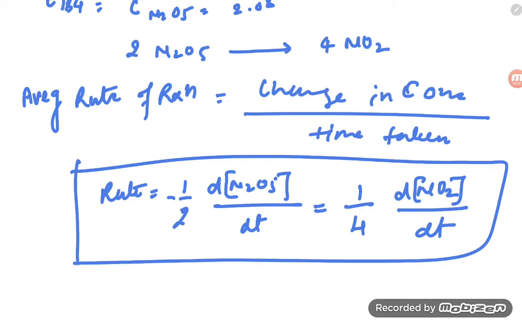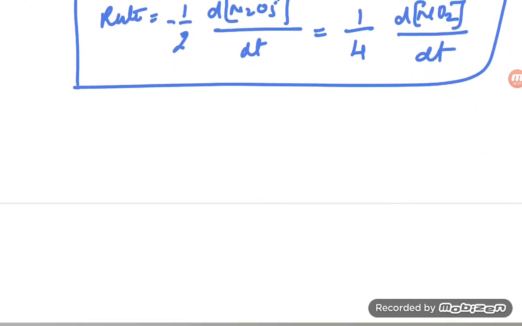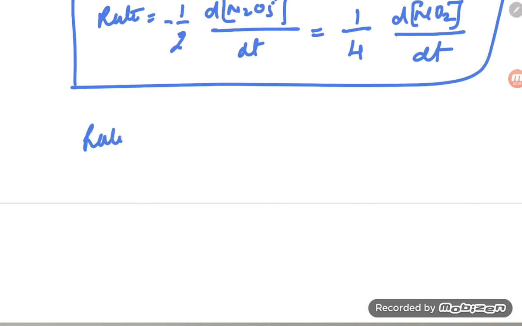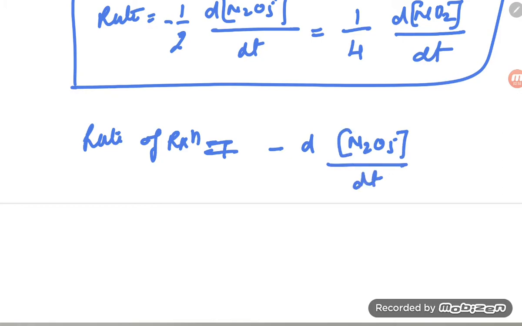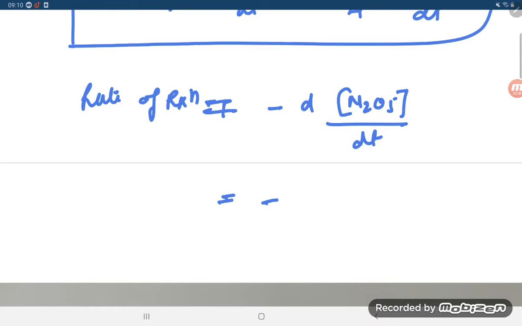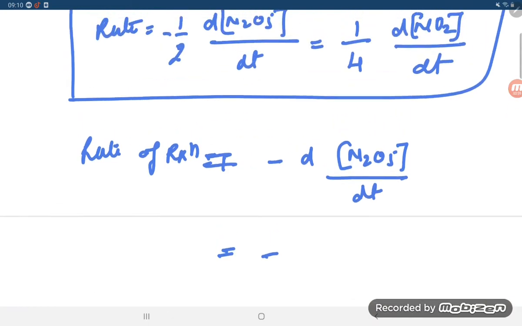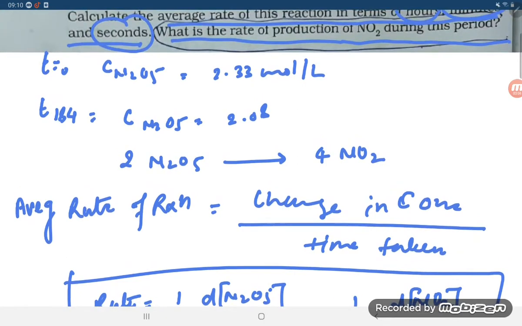First of all we have to understand the rate of reaction in terms of N2O5. You take any one. If they are asking the rate of reaction, we can take the rate of reaction as minus dN2O5 upon dt, right student? The minus sign is there, with the initial and final concentrations. The final concentration is 2.08 and the initial concentration is 2.33.